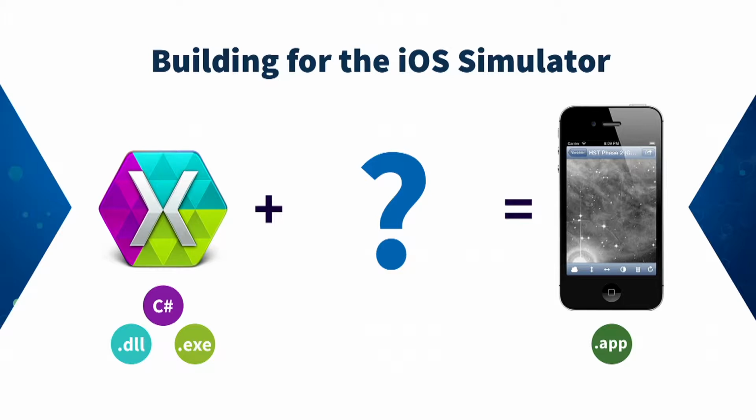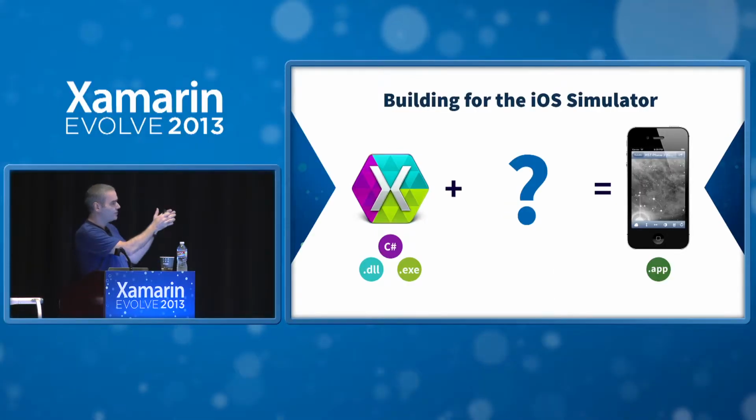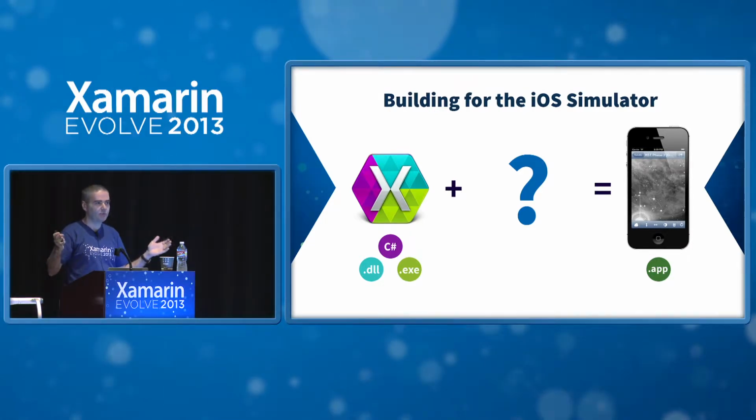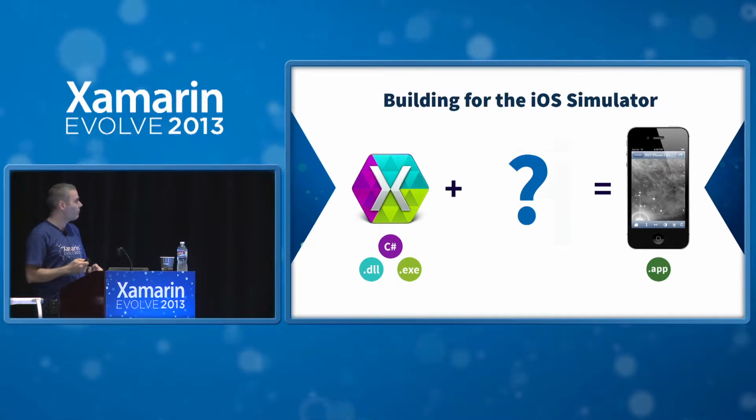Have you ever thought about how we build for the iOS simulator? I mean, on one side, you have your IDE, Xamarin Studio, or there's something else called Visual Studio that can do it too. On the other side, you have your iOS simulator. So what's missing? What's in the middle? What do you need to bridge those?